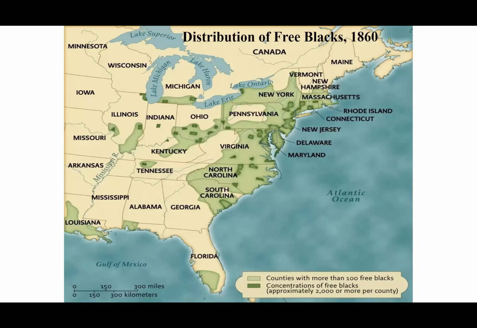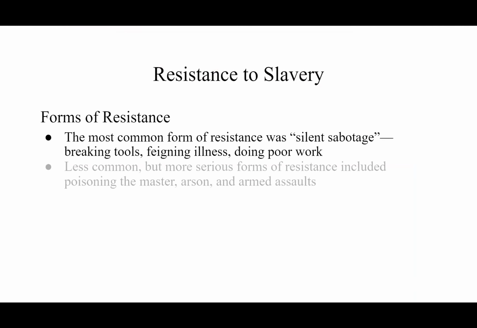So if we go back to this map, they're leaving from Virginia, Maryland, maybe North Carolina, because it was a lot easier to escape from the Upper South and get into the free North than if you were all the way down here in Alabama or Georgia, Mississippi. You would have to go all the way up here to freedom. And so while some slaves are escaping, if you lived in the Deep South, it was extremely hard to escape because you were so far away from free territory.